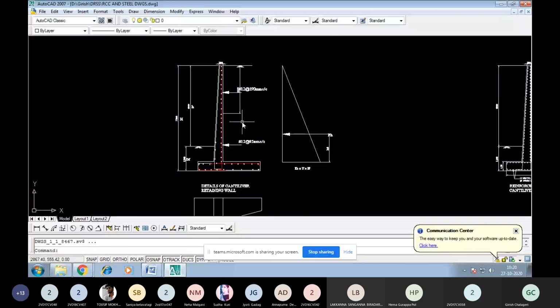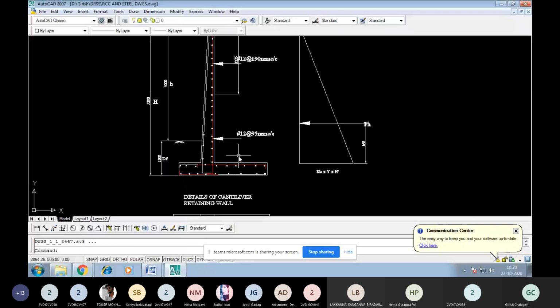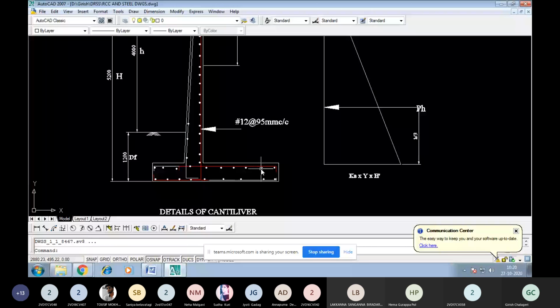So the heel slab is designed for the downward force, and that is why the reinforcement is given at the top of the heel slab. We also found the shear after checking the depth and providing steel, and found it safe.